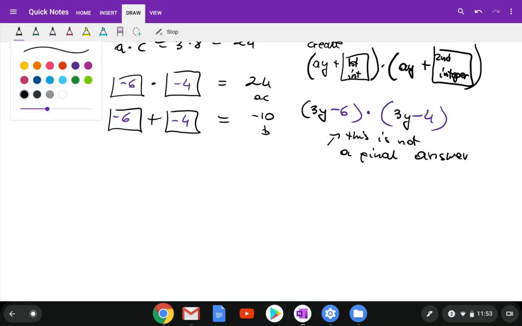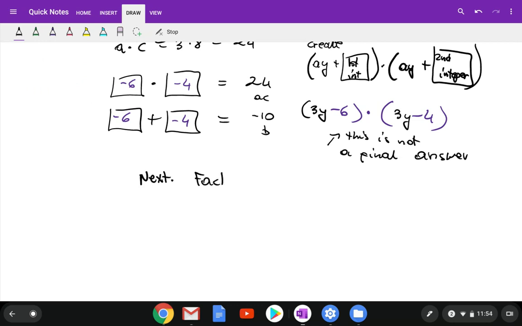So next, factor out GCF from each parenthesis. Super important.